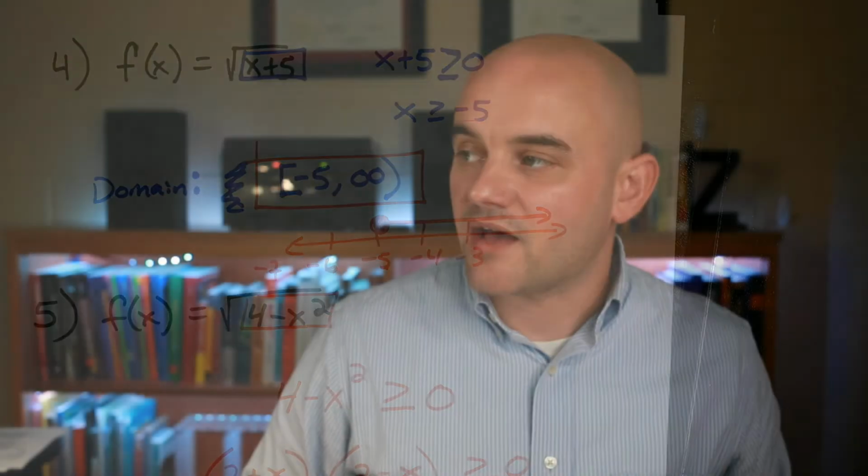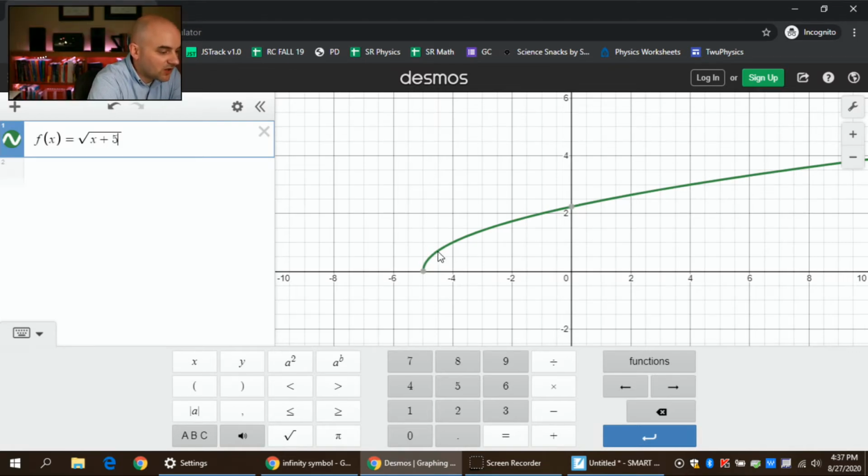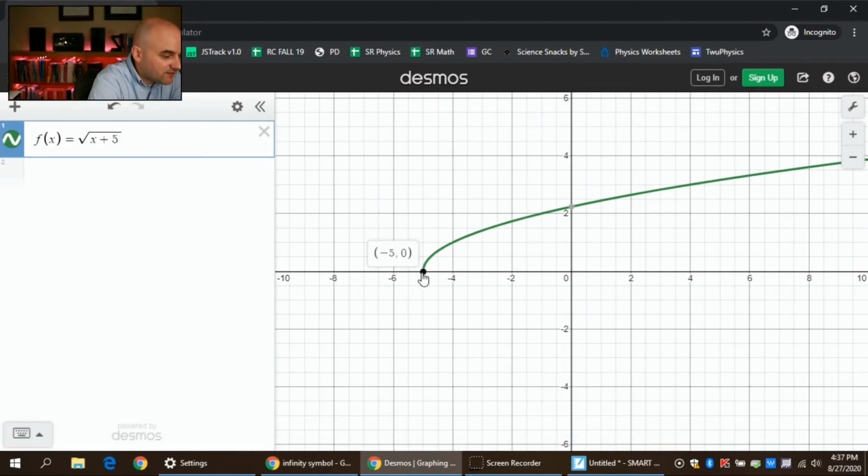Now look at the graph. It says the square root of x plus 5, and over here, let's see if you can follow my mouse, it starts right here at negative 5, it includes that, and it goes off to infinity. So those two match up.